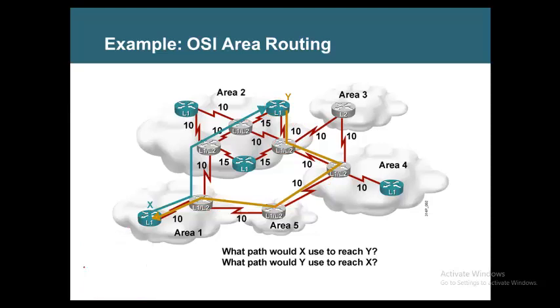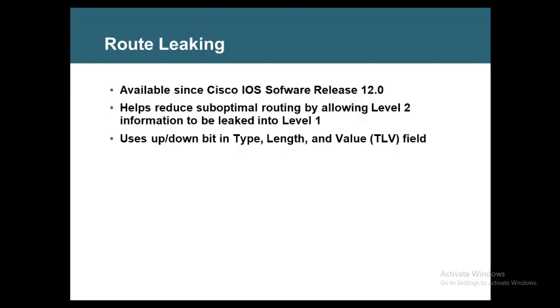Okay, next: route leaking. In yesterday's lab, I hope you can recall, when you have only L1, we were not able to see other area routes in the routing table. Do you remember?